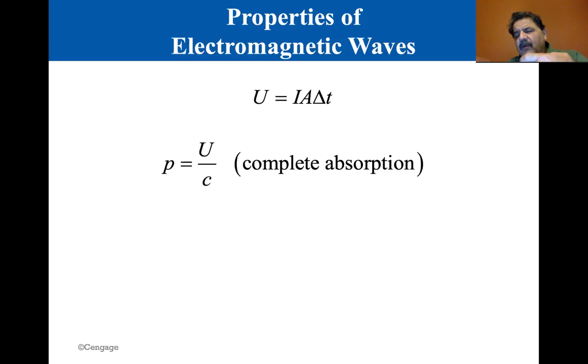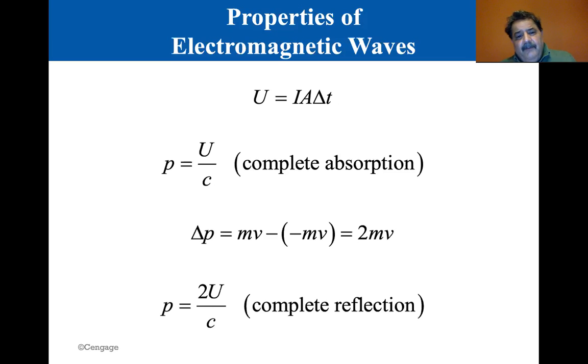If it were bouncing off a wall, you had a v, and then if it bounced off the wall with roughly the same velocity, you had a minus v. So you had m times v minus a minus v. You ended up with 2mv. So you had double the change in momentum.